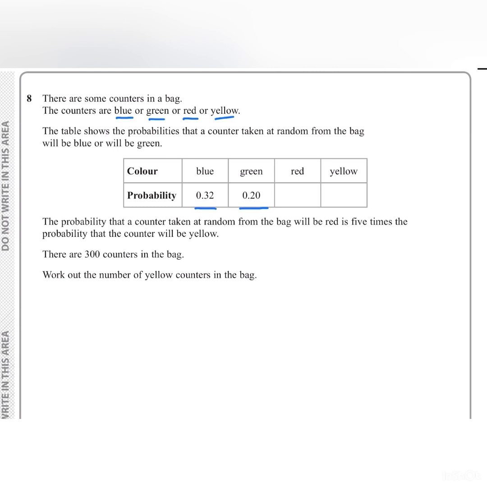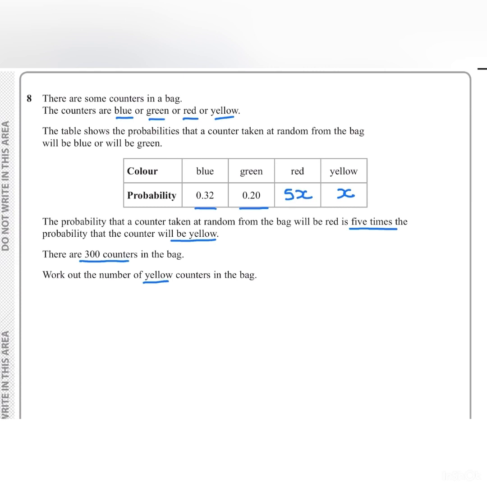And the probability that a counter taken at random from the bag will be red is 5 times the probability that the counter will be yellow. So if yellow is x, that means red will be 5 times that. That would be 5x. And there are 300 counters in the bag. Work out the number of yellow counters in the bag.